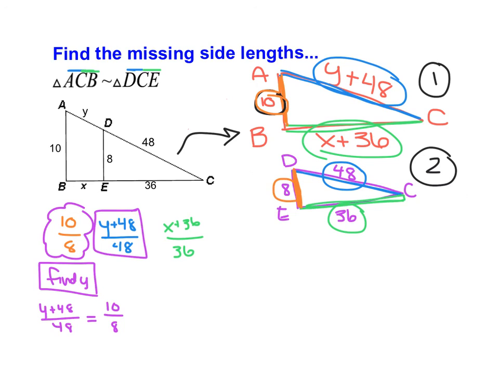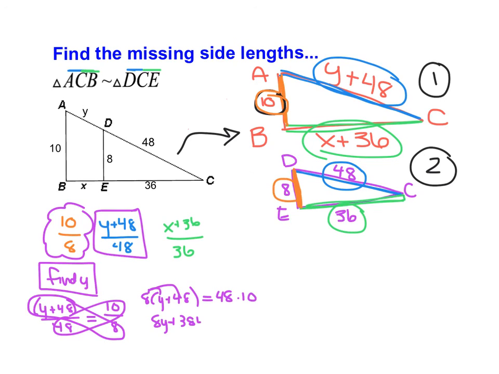Since this y plus 48 has two things in its numerator, I'm going to surround that with parentheses, because I know that will ensure that I don't make a mistake when I cross multiply. So that's really 8 times (y plus 48) is equal to 48 times 10. So I'll distribute here, so I have 8 times y and 8 times 48. 8 times 48 is 384.